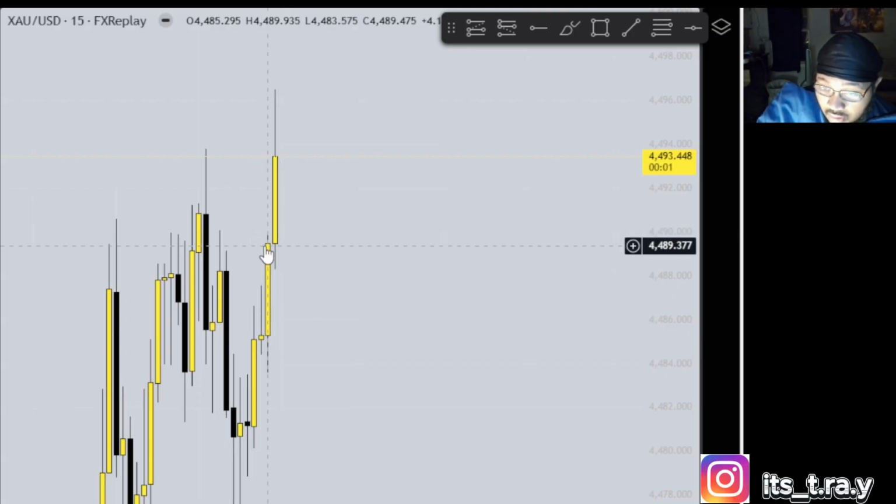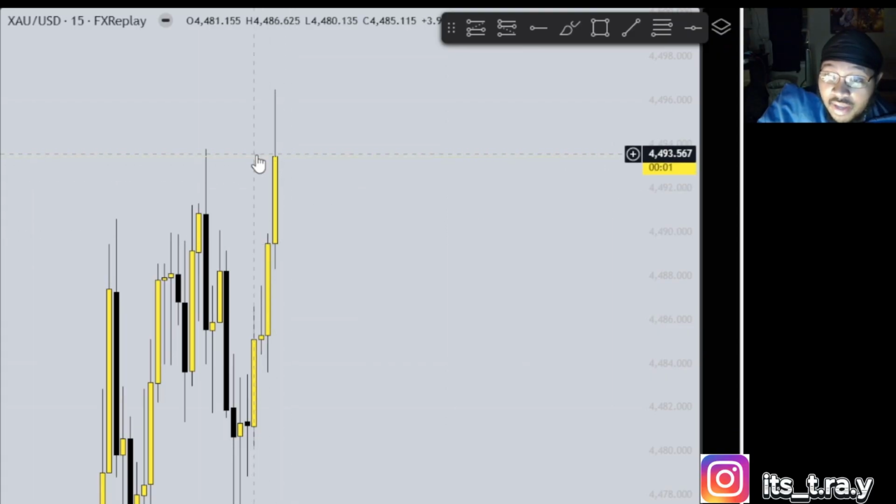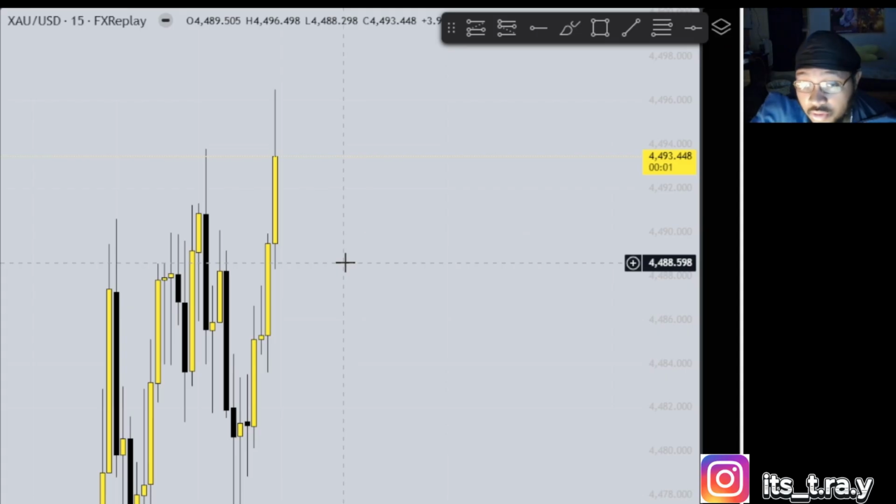At the start of this candle, it's going to open right here where this line is, at the bottom. Then after 15 minutes have passed, the candle is going to close, and the close is at the top of this yellow part, which is called the candle body. That's only for bullish candles, bullish meaning going up.